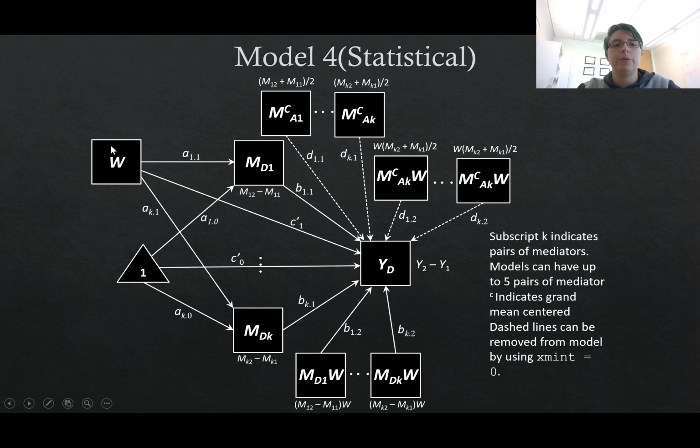And to allow that to be moderated, we include W as a predictor in the model. When we are allowing the effect of a different variable, for example, the difference between the mediators on the difference between the outcomes to be moderated, we then include an interaction term. So down here, we have the interaction between W and MD1, and then up here, we have the interaction between W and the mean-centered average of the mediators.